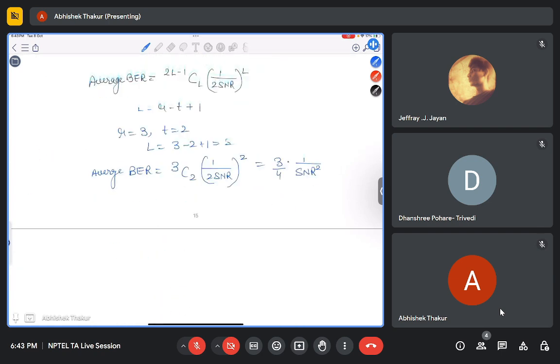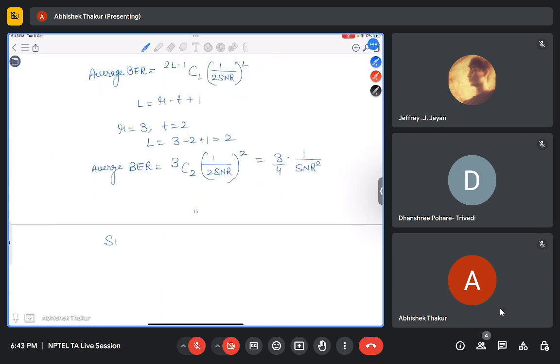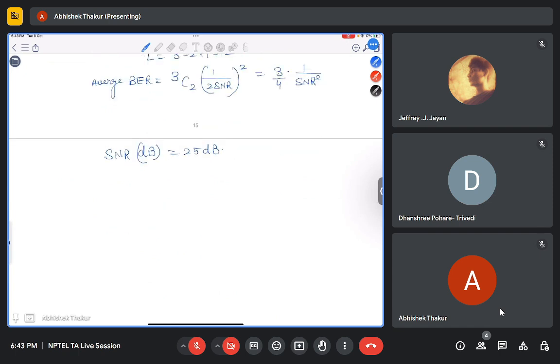Now SNR is given in dB, equal to 25 dB. We can find that in normal units: 10 log 10 SNR is equal to 25, so SNR is equal to 10 to the power of 2.5, that is 316.2278.